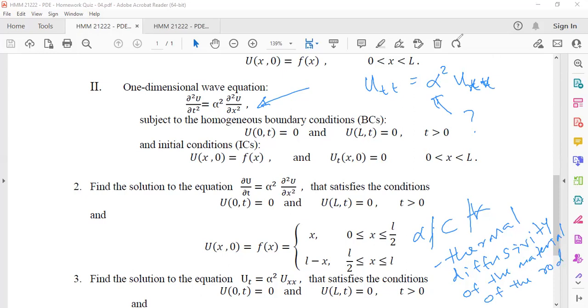According to the rod you have chosen, for example an iron rod or aluminum rod or gold rod, according to the material it has a different thermal diffusivity. The physics people know this one. For example, an iron rod may be heated more quickly than a wood rod, so in that sense it has some thermal diffusivity. So just note down, you have to know why they use it here.